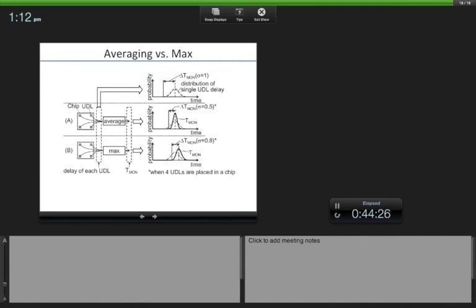So we're almost done. Remember we said that you have this variation within the die, and you have these monitors all over the place. So you could choose either an average or a max. Now when you take an average, what happens? If the individual monitor has a spread like this, when you average, the spread comes down.